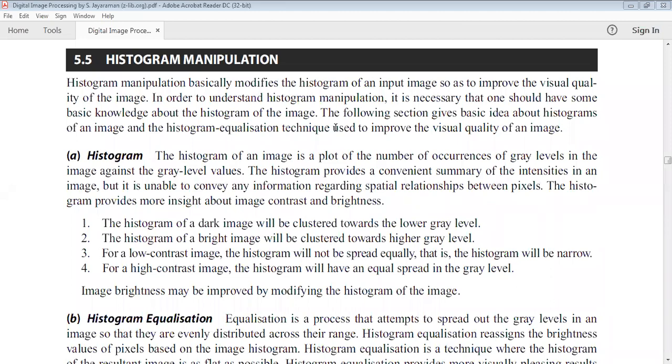Here our image size is 256 by 256, so there are thousands of pixels in the image, and each pixel intensity value in the range 0 to 255 may take any gray level. So the histogram means the probability of occurrence of each gray level in that image, represented graphically.